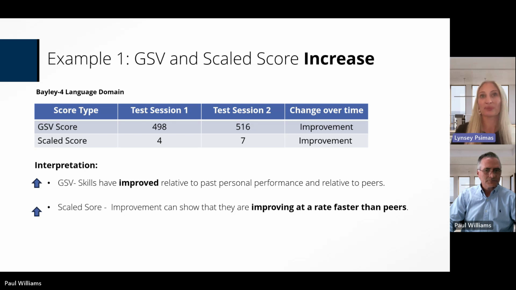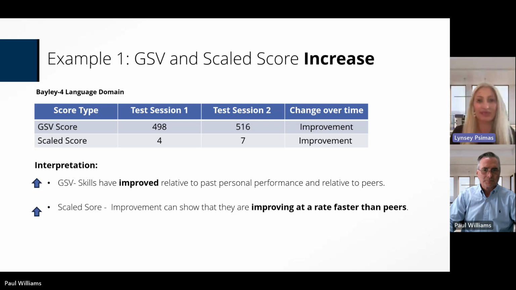The scaled score shows that the person is improving at a rate faster than their peers. Because that norm reference score is comparing peers, we're saying, okay, this person is not only showing skill improvement on their own, but they're also improving more quickly than their peers are.